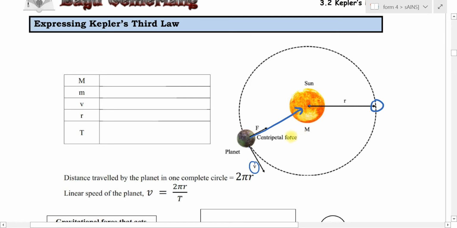They always point towards the center. Now I want to define some quantities here. The big letter M, let's say it is the mass of the sun. The small letter m is the mass of the planet, maybe Earth, maybe another planet.